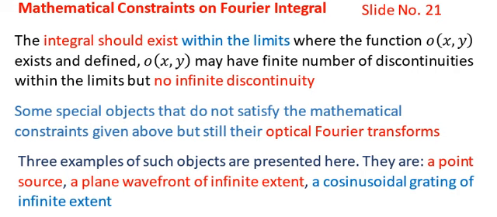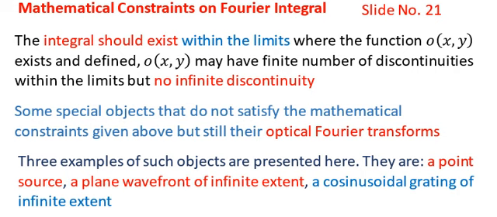However, the function may have a finite number of discontinuities for which the integral could be solved. So overall, both conditions mean that the integral should exist for the function o, which is a function of x and y.